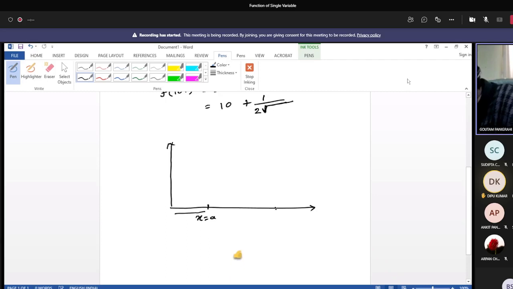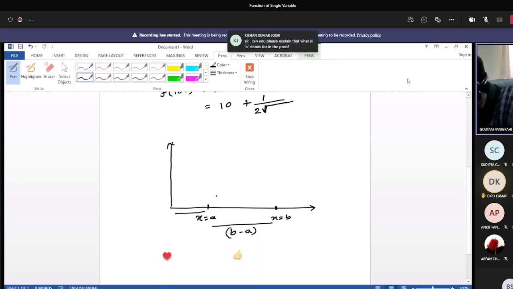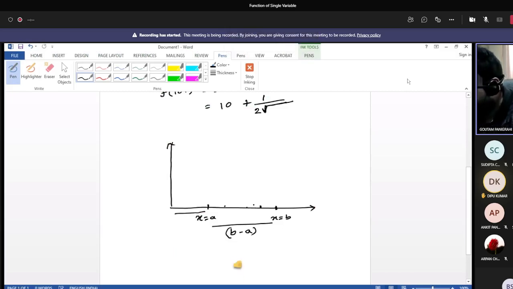Now you have taken a higher value x equals to b. So the interval is b minus a. So any intermediate point, this point, this point, can be written as the length of OA plus any fraction of the AB length.